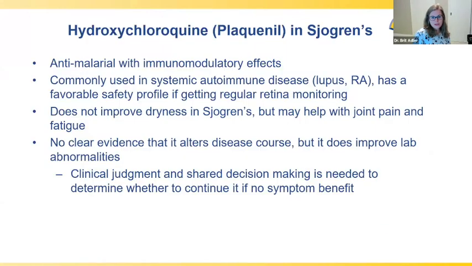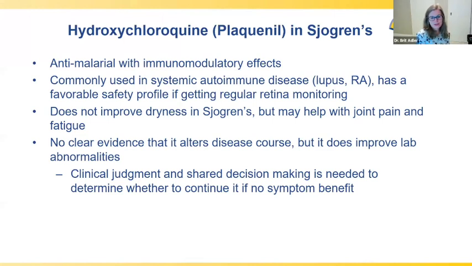Plaquenil or hydroxychloroquine is one of the more widely used medications in Sjögren's. It is an anti-malarial with an immunomodulatory effect, so it doesn't actually suppress your immune system and increase your risk of infection. It more modulates your immune system. And we use it often in lupus and rheumatoid arthritis. It has a very favorable safety profile.